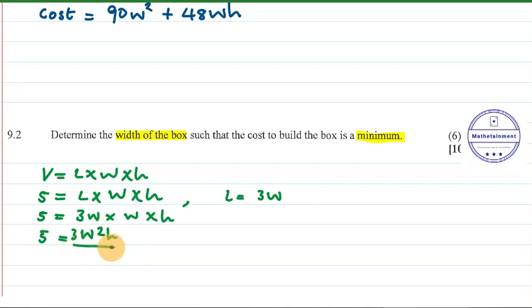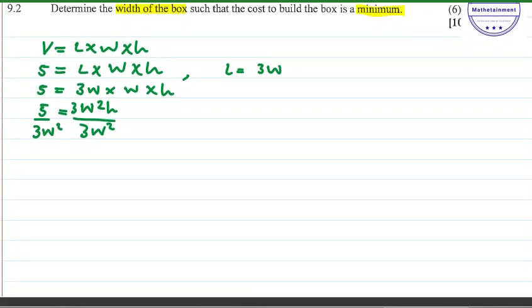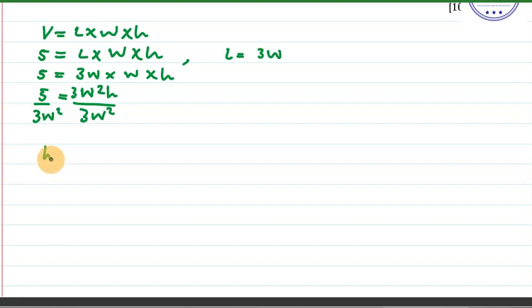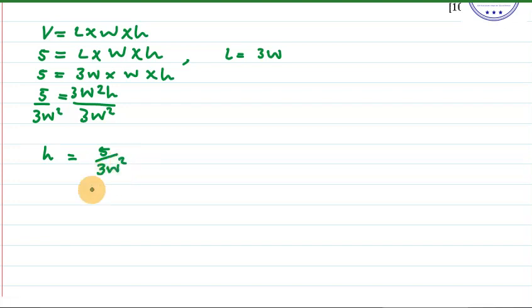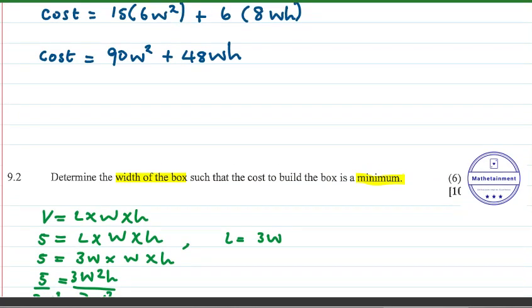So if you divide both sides by 3W squared, meaning you can write your height to be equal to 5 over 3W squared.